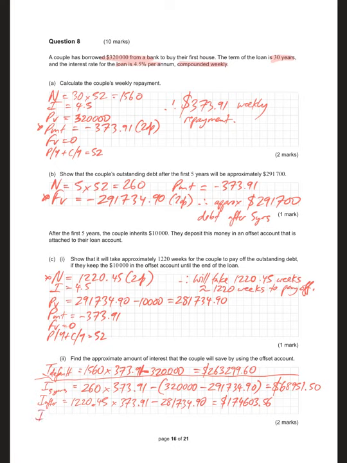So the interest total is 68,951.5 plus 174,603.56. That's going to be $243,555.06 with the offset.